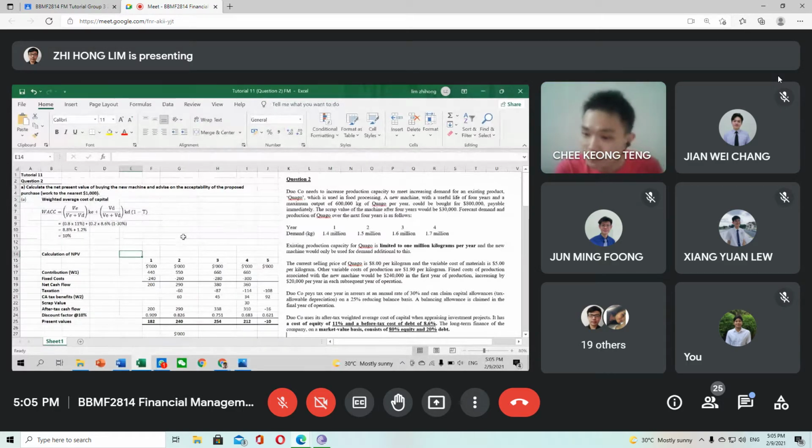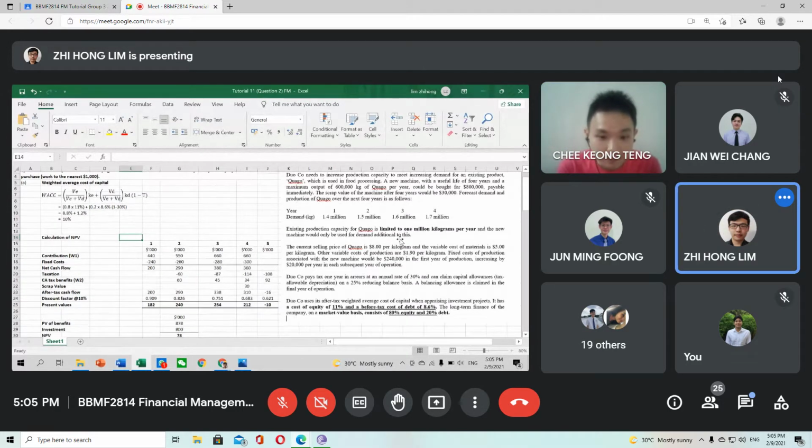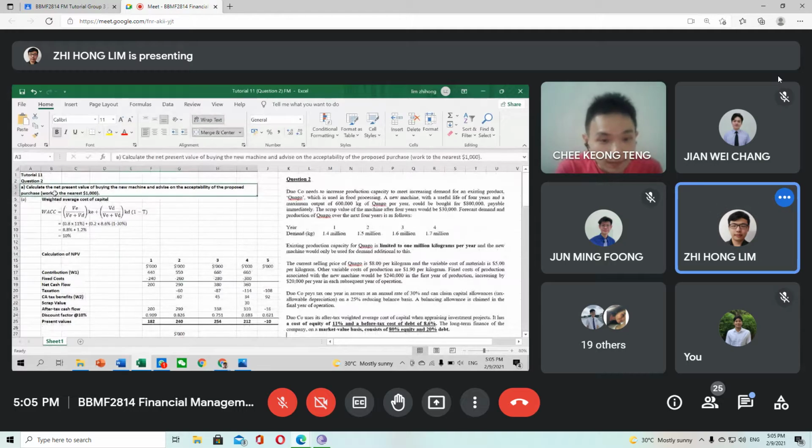Okay. So for question 2, part A is to calculate the NPV of buying the new machines and advise on the acceptability of the proposed purchase. So we need to find out the WACC first.